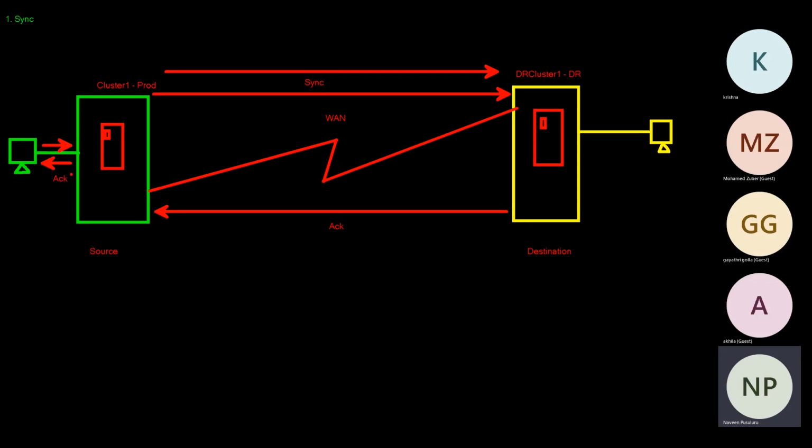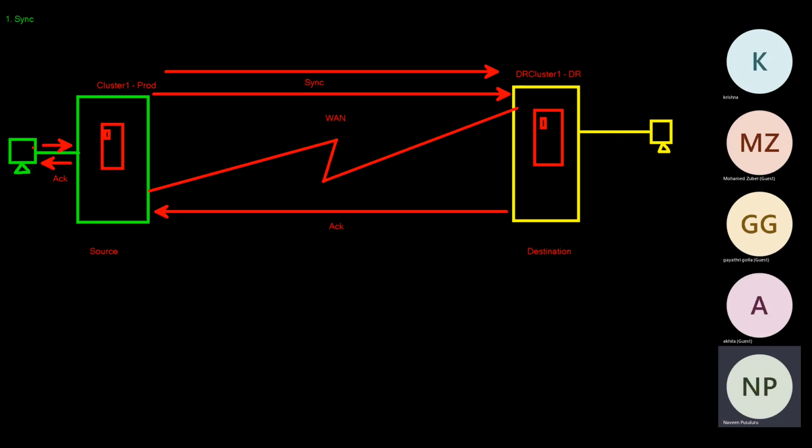Only then can my server process the next request and copy the next data. This is how it works in synchronous. Whenever you copy something to the source storage, immediately the data is replicated to the destination as well.